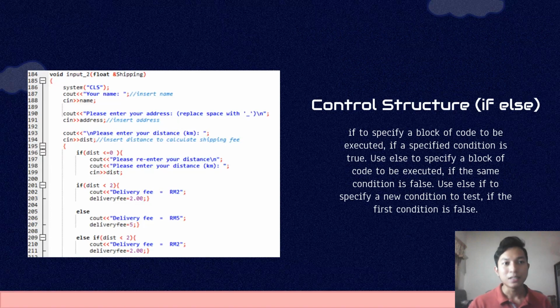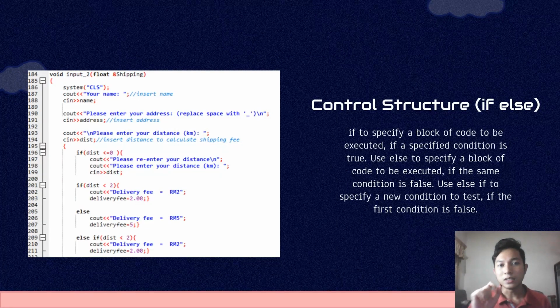Apart from that, in my function, I have asked the user to insert their name, address, and distance by using cin and cout. Then, I used the control structure if else to determine their delivery fees depending on the distance of the delivery location, which is RM2 for a distance under 2 km and RM5 for a distance of 2 km and above.